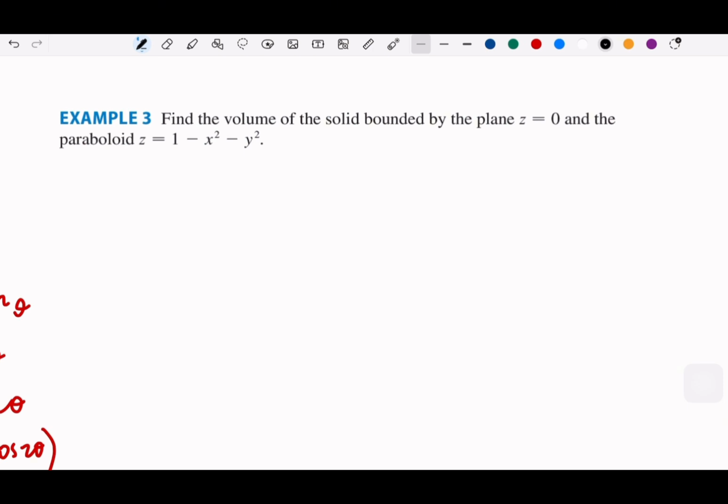There are several ways to approach this, but the first way, if you know how to draw the paraboloid, is to draw it. I think it's not too complicated. Paraboloid means it has a lot of parabolas. If you view from the sides, and if x is 0, this will be 1 minus y squared. It has a parabola. If you check the zy axis, you see it from that angle.